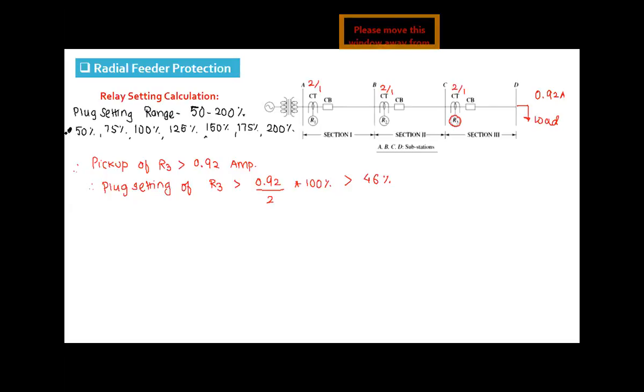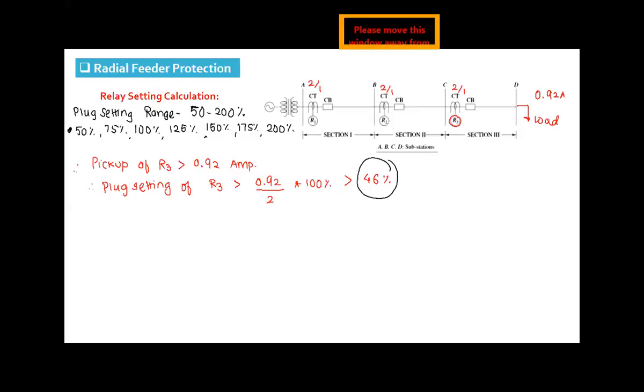Okay. So what should be the value we should select, which is the nearest value available? इस रेंज में से नियरेस्ट वैल्यू क्या है इसके पास की? ऑब्वियसली 50.